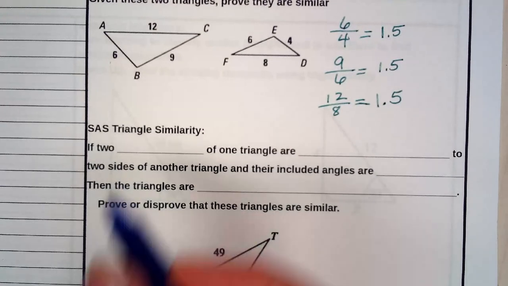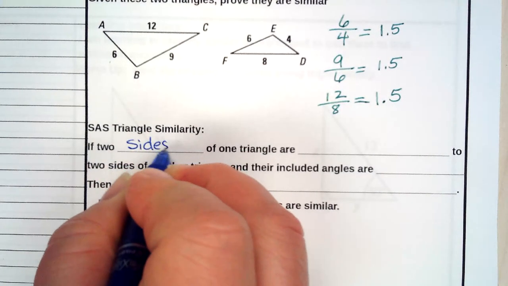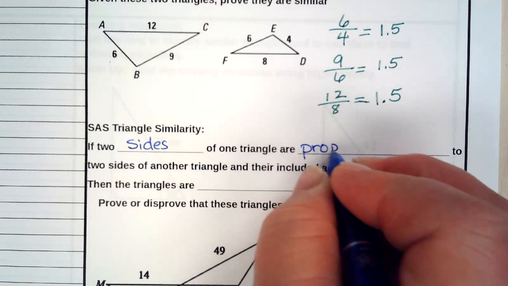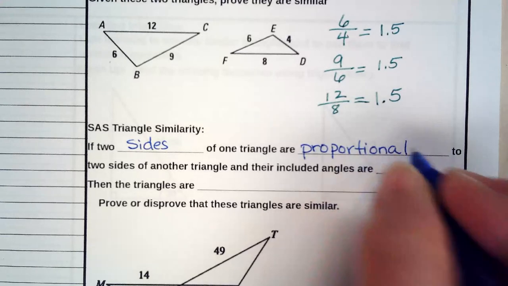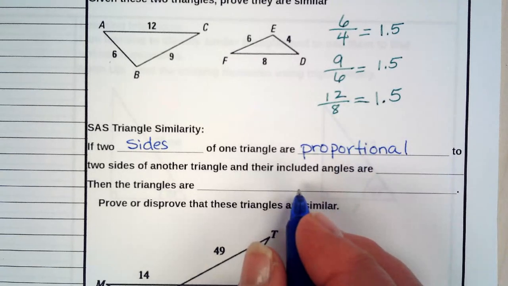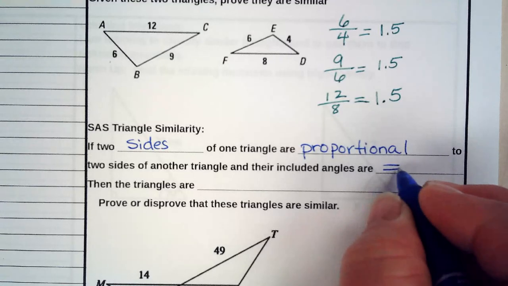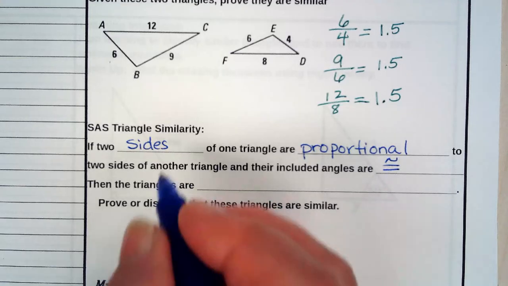So if two sides of one triangle are proportional to two sides of another triangle, and their included angles are congruent, then the triangles are similar.